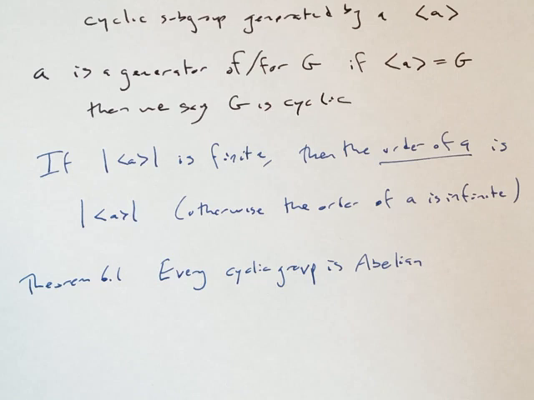What's the definition of being abelian? The operation's commutative, right? So let's show that if I do G1, G2, you get the same thing as if I do G2, G1.